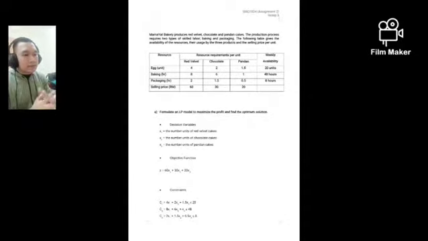The requirement of resource per unit is for red velvet, chocolate and pandan.